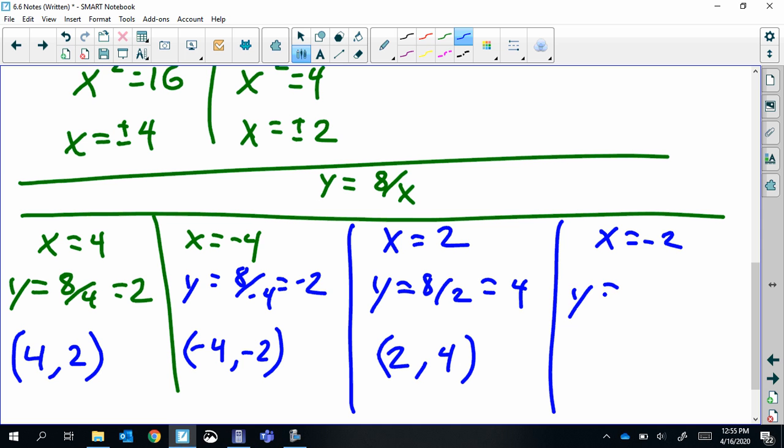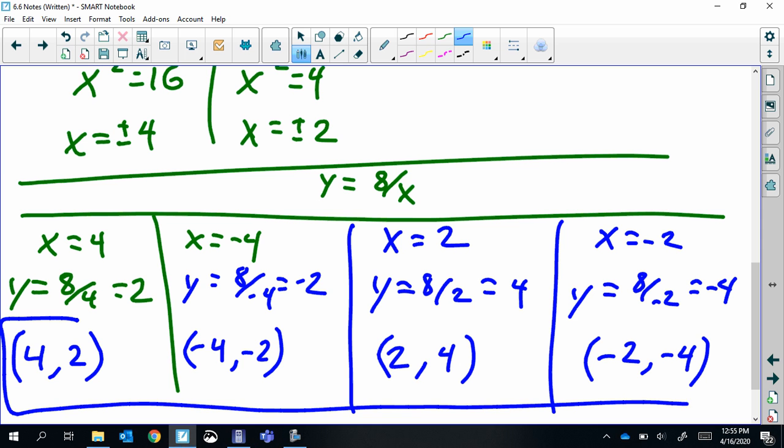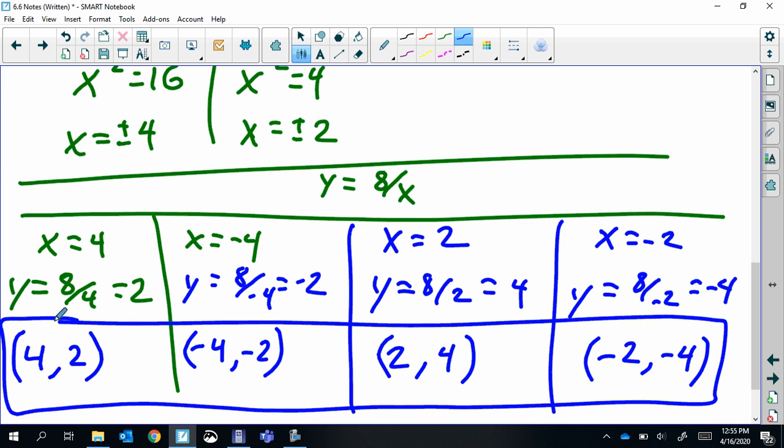And then y equals 8 divided by negative 2 is negative 4, so negative 2, negative 4. So we have 4 ordered pairs, and that matched up with what we said about the graph. Should make some sense there.